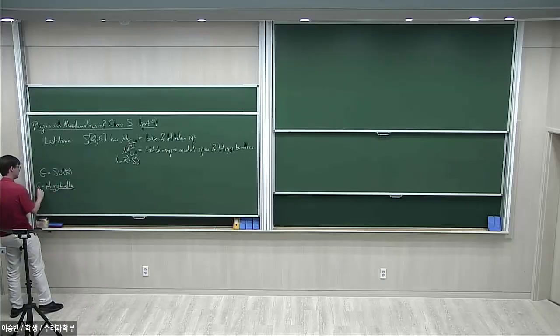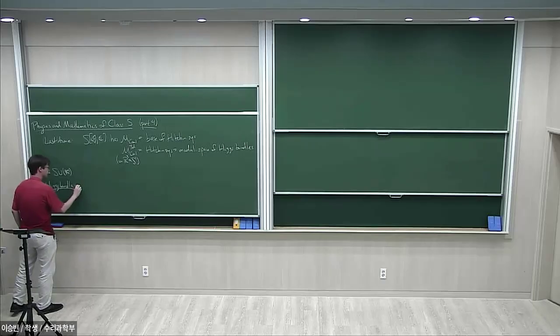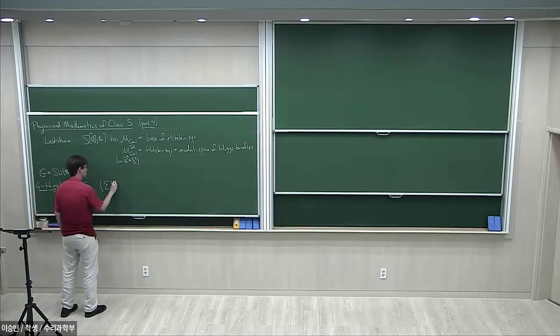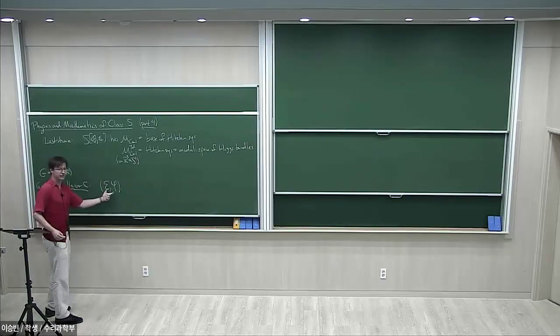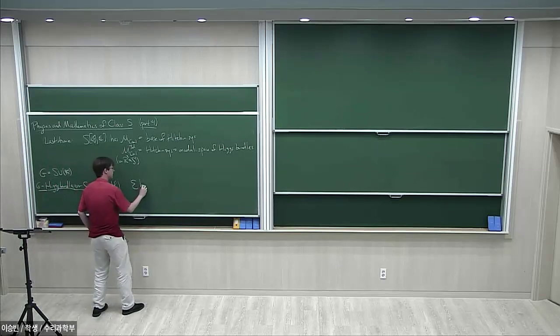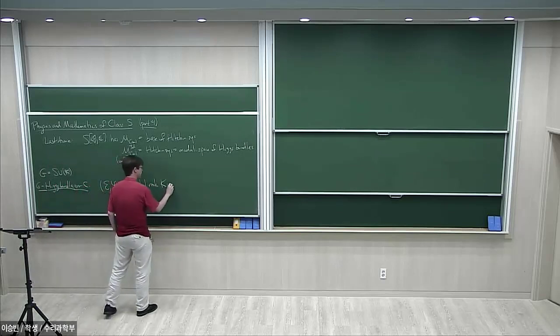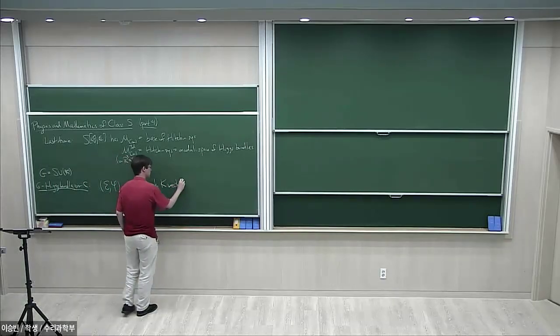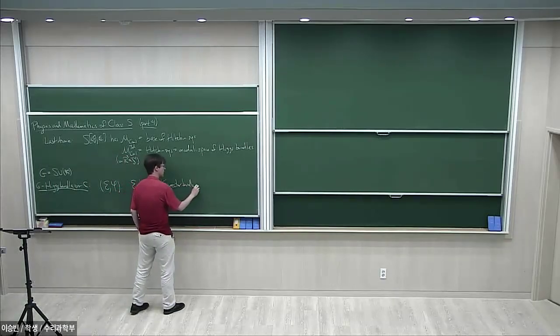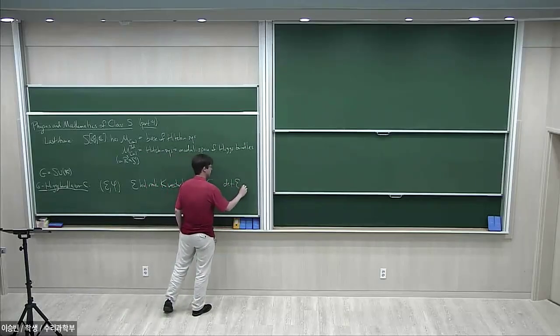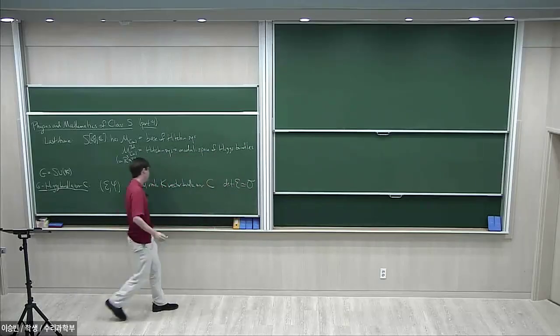A G Higgs bundle over the Riemann surface C, what is it? It's a pair, say E and phi, where E is a holomorphic rank K vector bundle over C. I guess because it's SU, I should say that the determinant is trivialized.